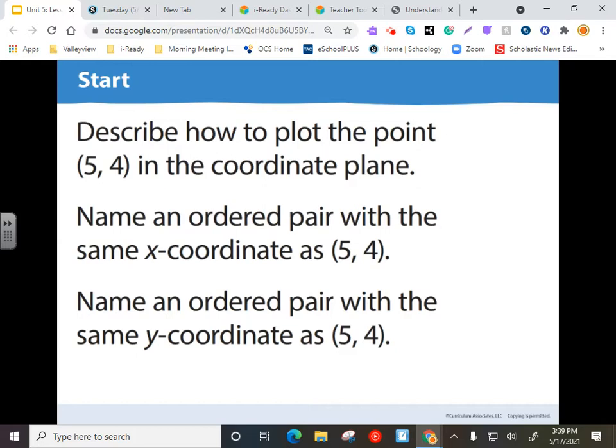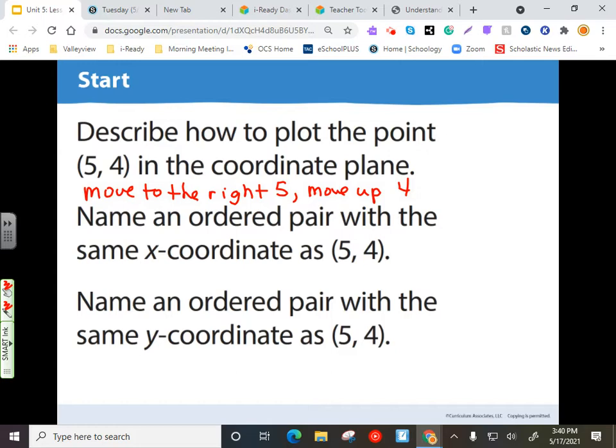Well, since our first number here is our x coordinate, that means the 5 means we move to the right 5 units. The 4 is our y coordinate, so that up and down vertical y axis means move up 4 units, or move up 4.